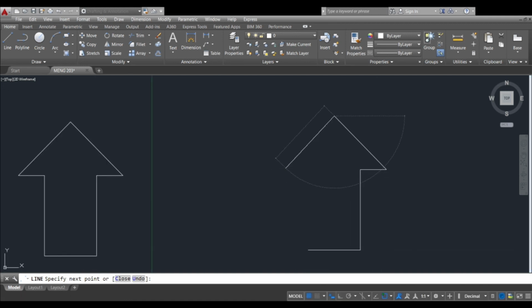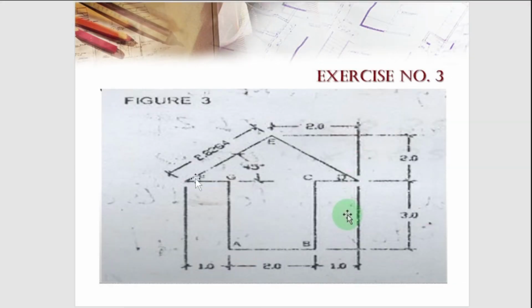And then going to our next point, point F. We will use the same distance, and our angle here is 45. Since we are going from E to F, we will just add 180 plus the angle 45. If we are going from 0, that is 180 plus 45.